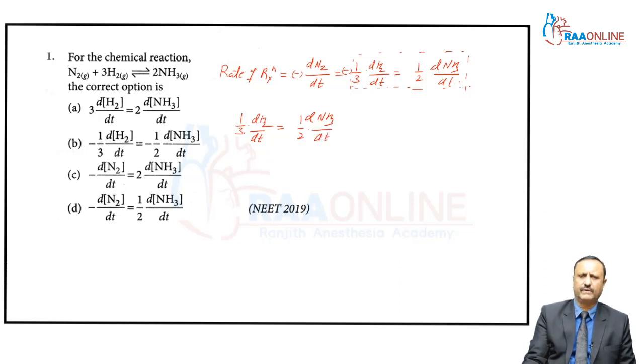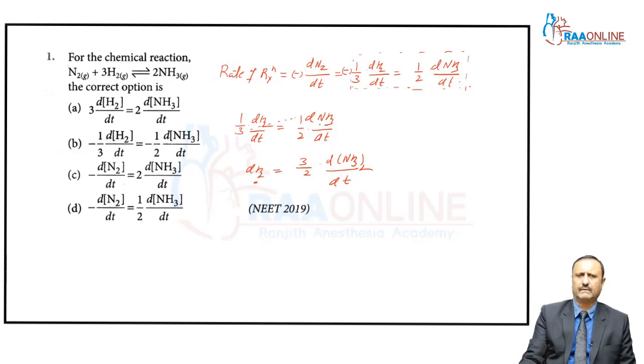Now my dear students, when we take only the concentration of hydrogen, you can write dH2, this 3 is present above, so it is 3 by 2 dNH3 upon dt. So here we can see the concentration of hydrogen is equal to minus 3 by 2.